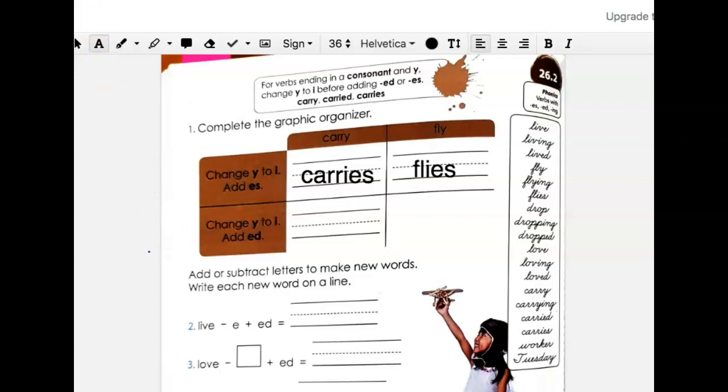So the word carry changes to CARRI, and then we add ED. Now the word is carried. We know that when we add ED, the word becomes past tense. The reason we don't have that for the word fly is because fly is an irregular verb. And the past tense for the word fly is flew.